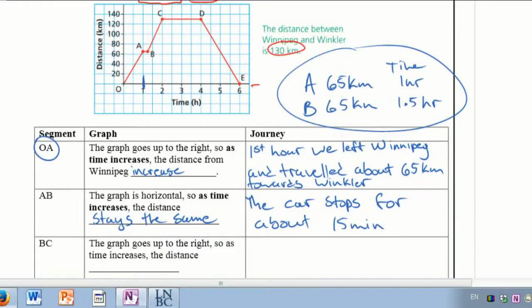The next section is from B to C. One important thing is over on the side here, where it says the distance from Winnipeg to Winkler is 130 kilometers. If I look at my graph, I started at 0 at the bottom, and my last marking is 140, but this point C doesn't quite make it to 140.